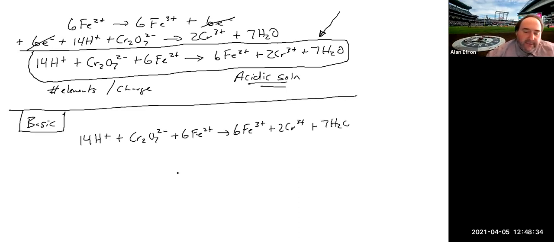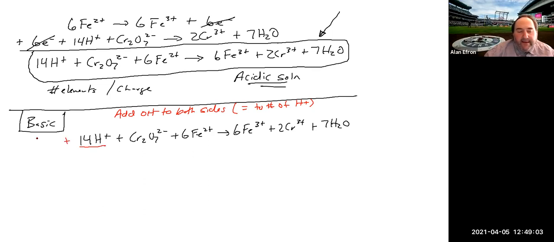now to really turn it into basic, you're going to add OH- to both sides. The amount of OH- that you add is equal to the number of H+ you have in your acidic solution. So if we look at our equation here, I have 14 H+ on the left-hand side.